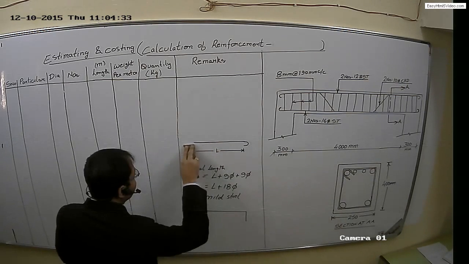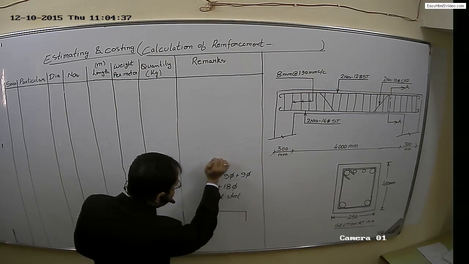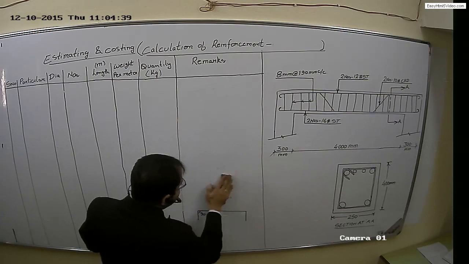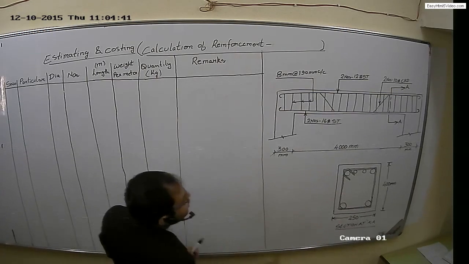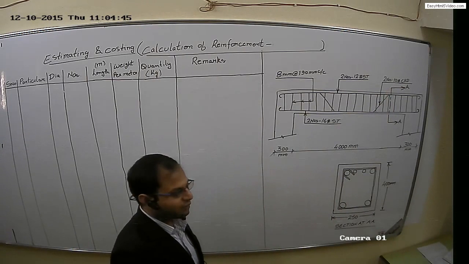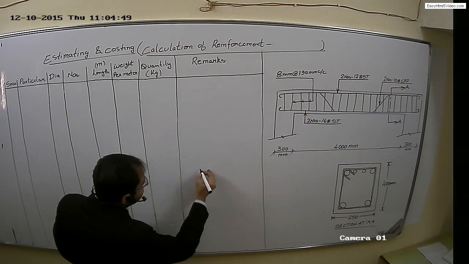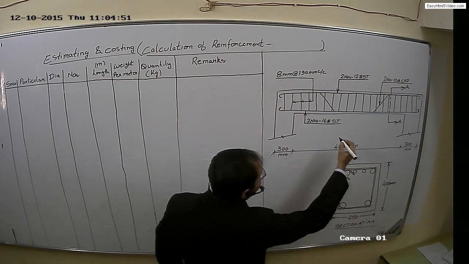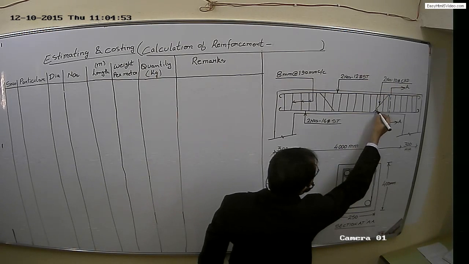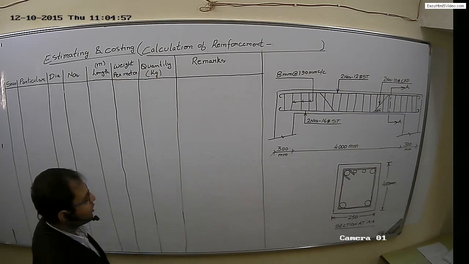Now again crank. As we are considering two numbers 10 mm dia crank, then what will be the length of a crank? Let us assume the crank is making an angle of 45 degree with vertical and horizontal both. Okay.